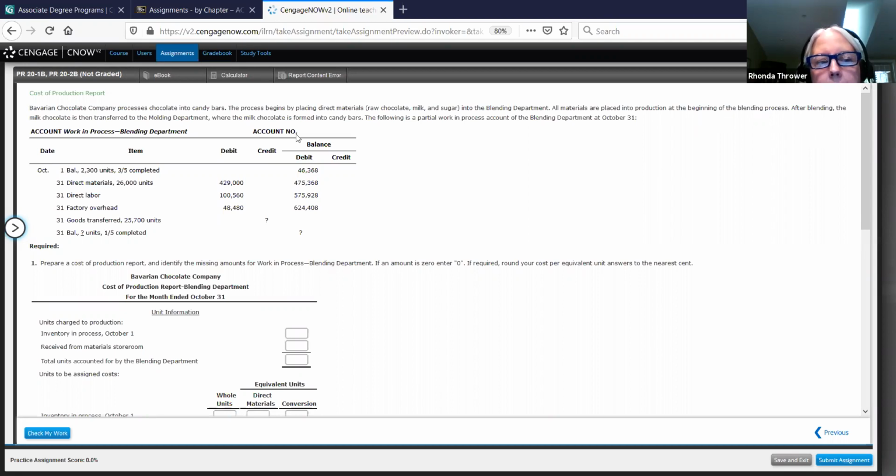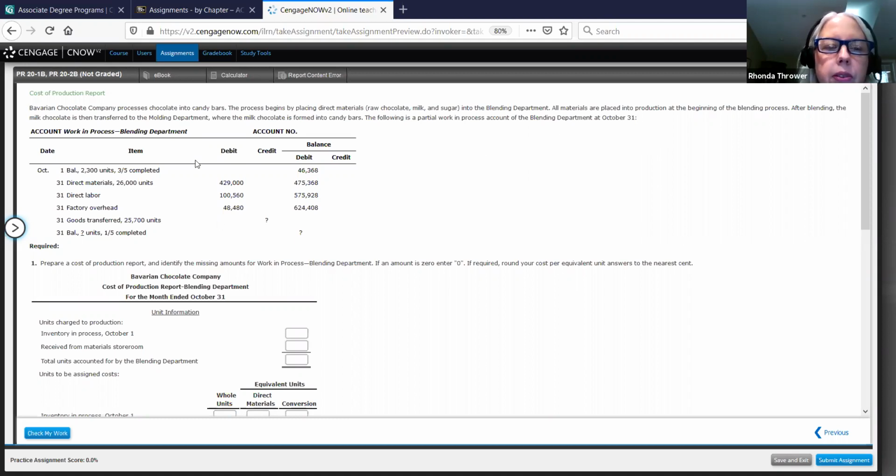After blending, the milk chocolate is then transferred to the molding department, where the milk chocolate is formed into candy bars. The following is a partial work in process account in the blending department at October 31st.